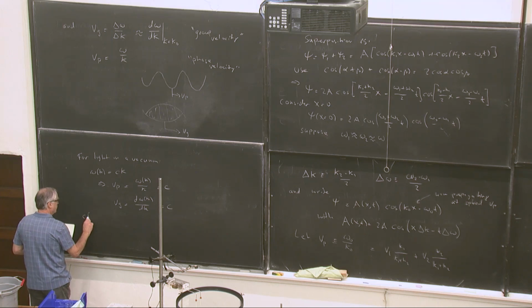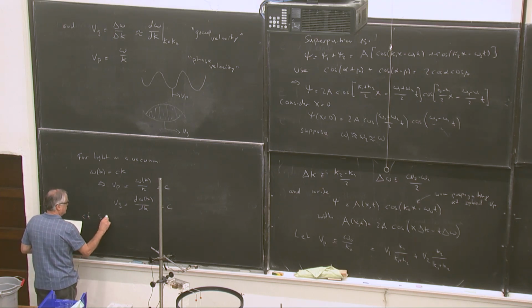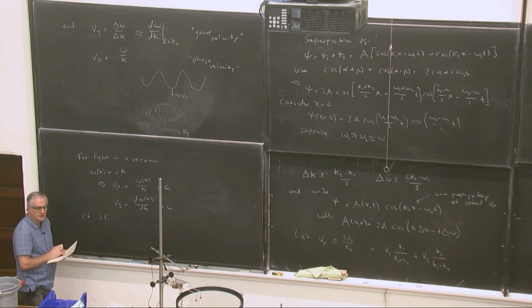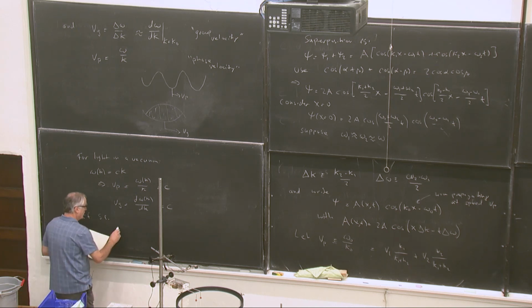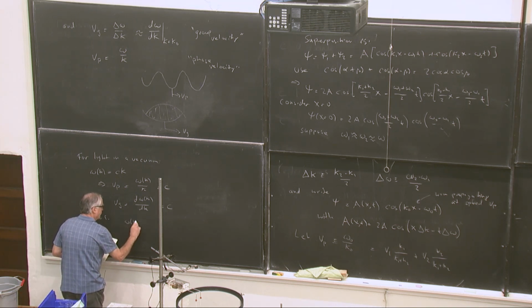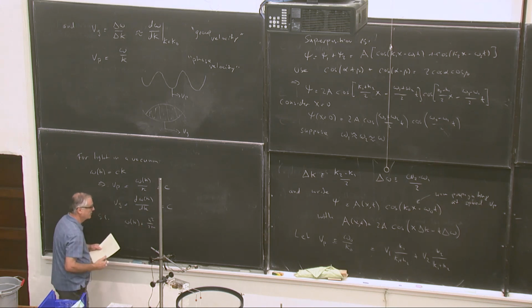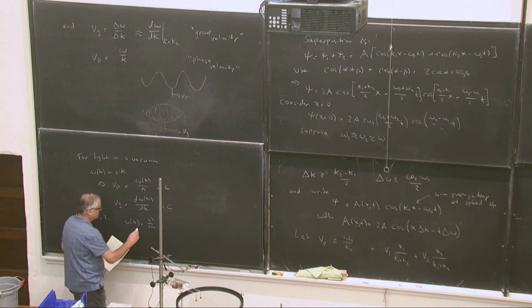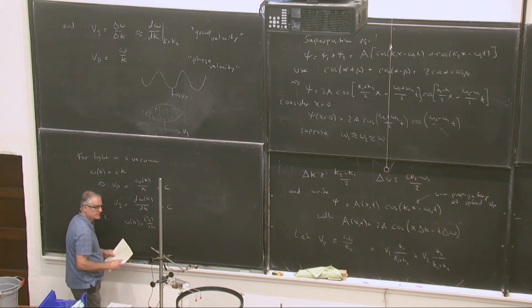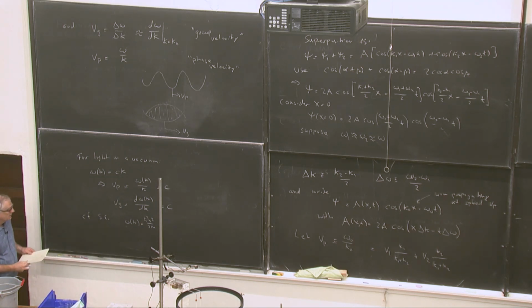Compare this with your Schrodinger equation problem that you did a while back. There you had omega of k is h bar k squared over 2m. I don't know where to put h bar since I always use 1, but it's something like that.